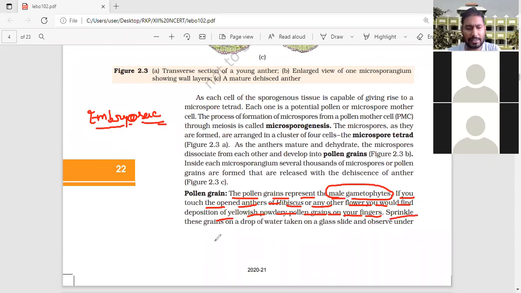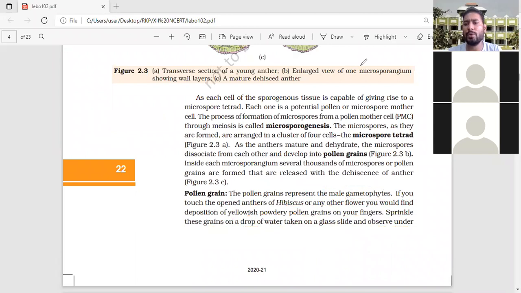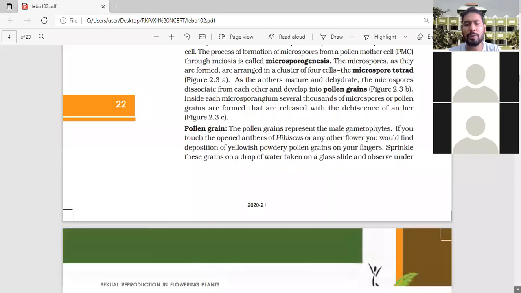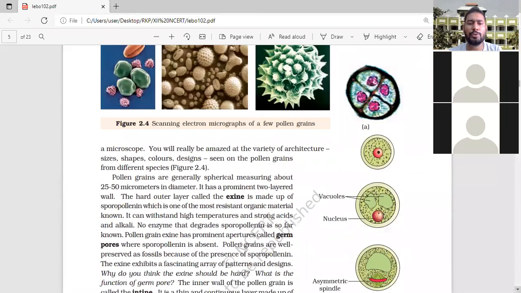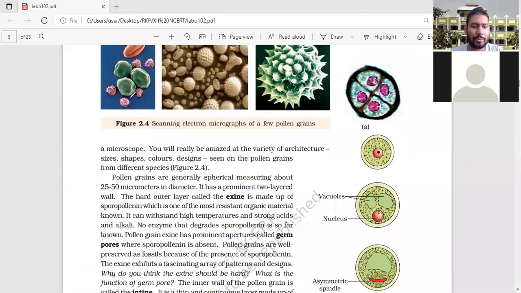Sprinkle these grains on a drop of water taken on a glass slide and observe under the microscope. You will see different types of pollen grain structures, like here one, another pollen grain, another, all different.